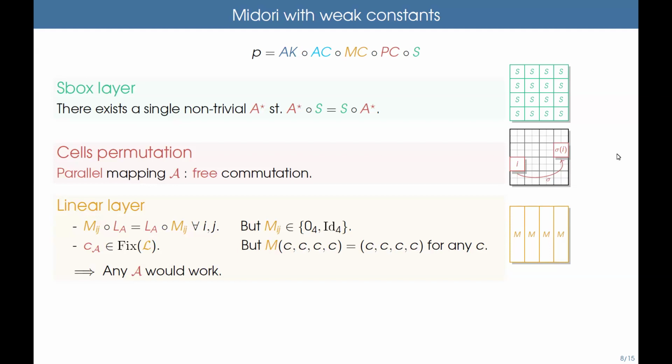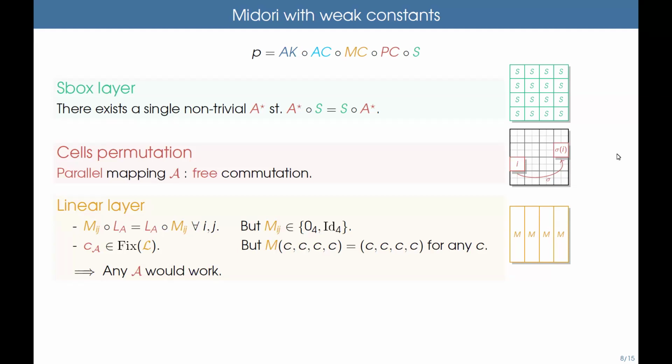So there will be no condition on the linear part of the affine mapping. And actually, regarding the constant condition, because the Midori MixColumns verifies this equation, we have no condition on the constant either. So it means that the MixColumns of Midori actually commutes with any parallel application of an affine mapping. So in particular, we will be able to use A star in parallel.